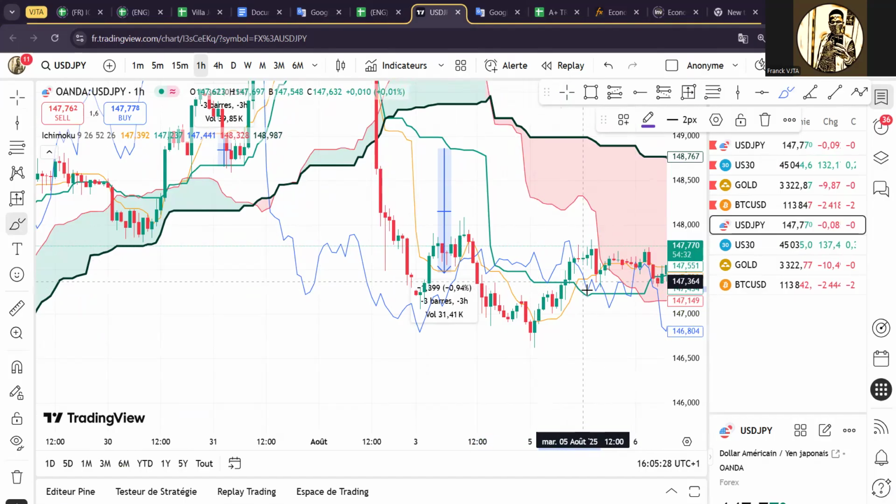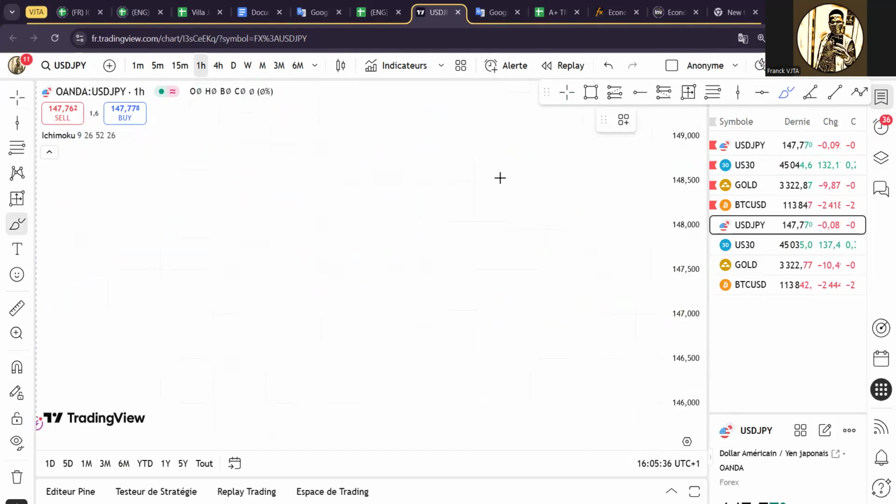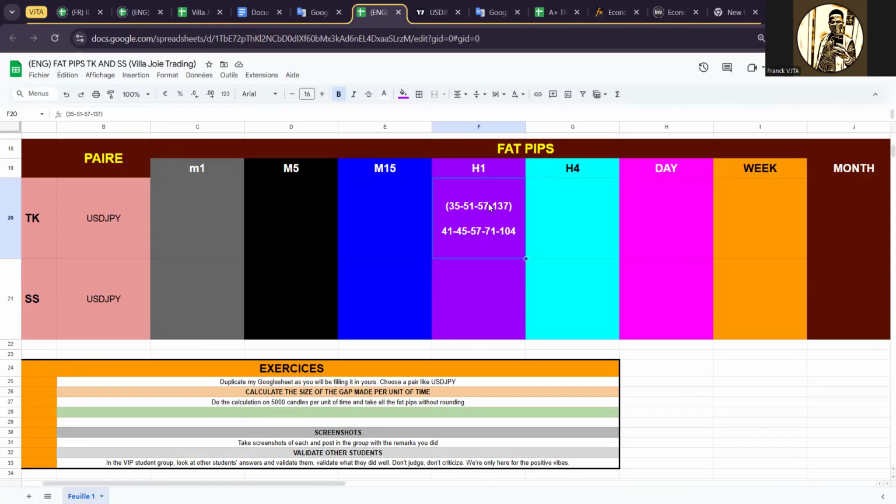But that reversal will not come immediately. You will first of all have a reduction of the Tenkan size by making the price continue in the same direction. Then you have the reversal itself. That's how you can interpret it.